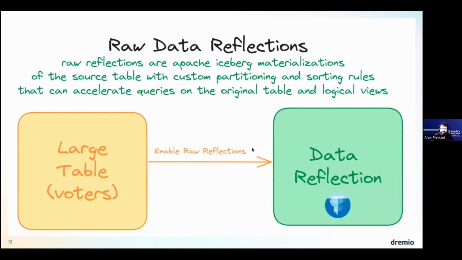Now, data reflections attempt to improve upon all those challenges. The way a data reflection works in Dremio is it's just a knob you can turn on. It's as simple as turning it on for any table or any view you have in your Dremio catalog. What it'll do is create a representation of that data, but it doesn't just create a one-for-one representation.